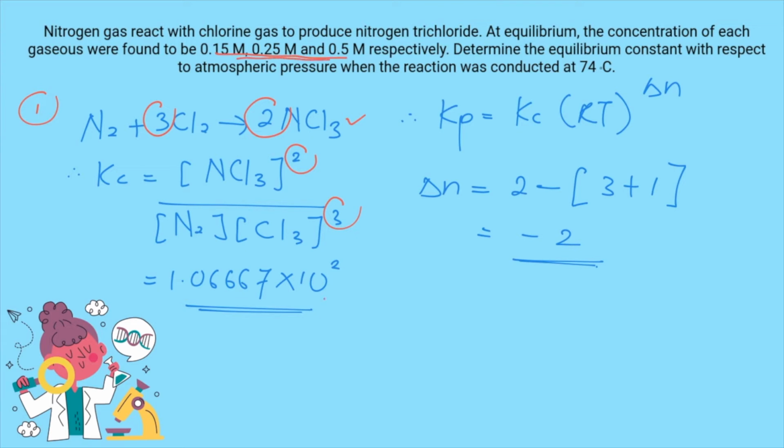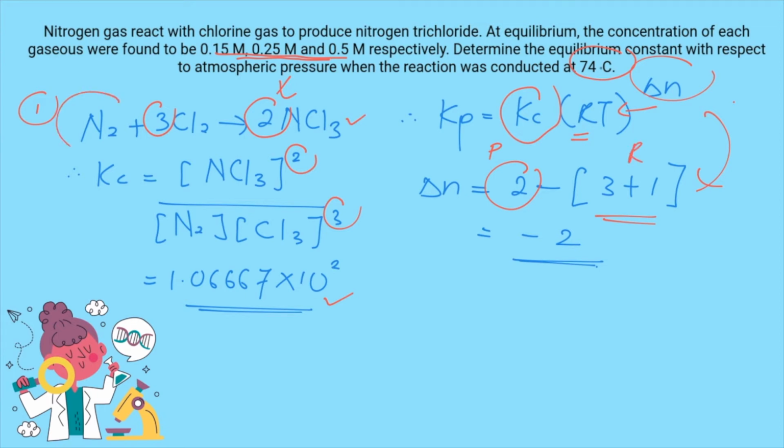So you already have your value of Kc, and R is a constant value, and your T is given in the question, but you need to convert it to Kelvin. Your delta N is actually this one: 2 is here, whatever is in the product, and you need to minus whatever is in the reactant.